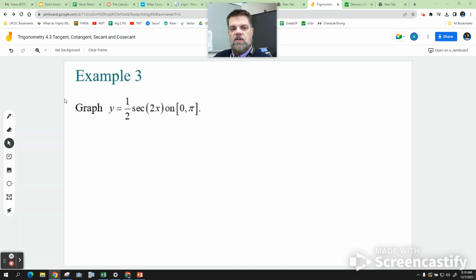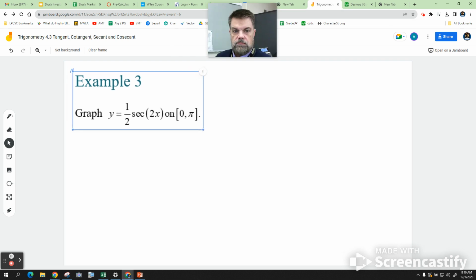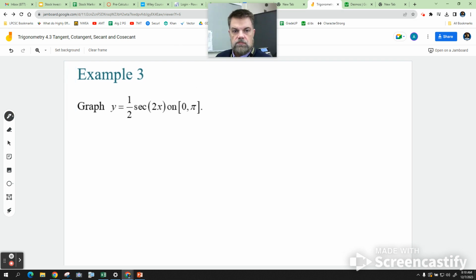And a very similar thing happens with cosine. Remember that secant of x is equal to 1 over cosine of x. And since we're experts now in the transformation of cosine, I know that the amplitude would be 1/2.